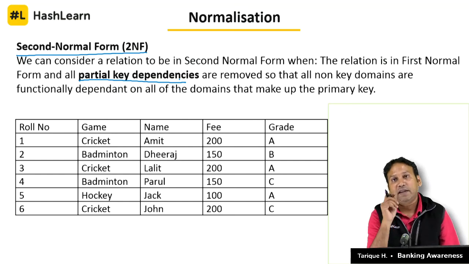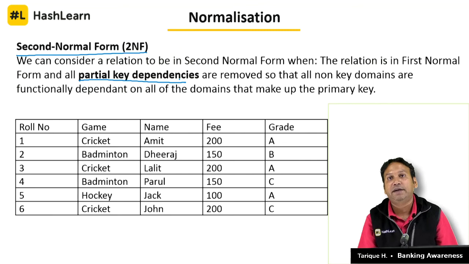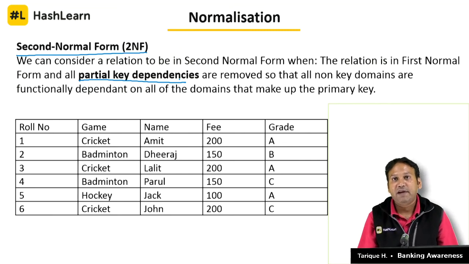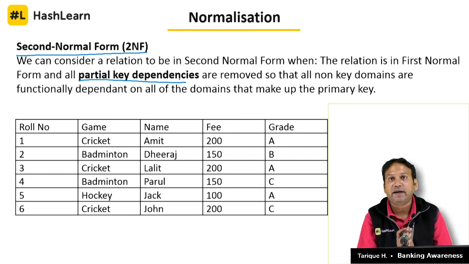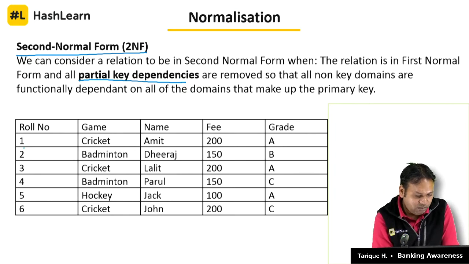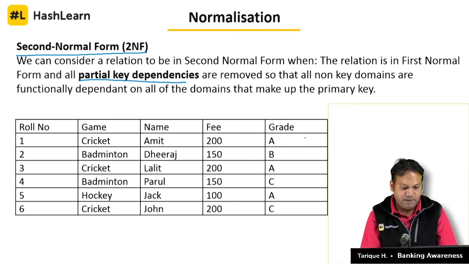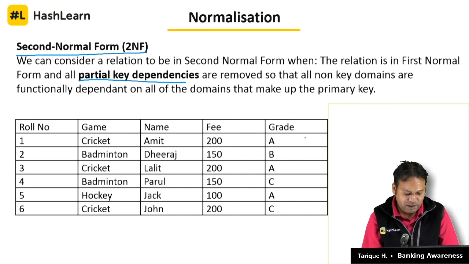If there are partial dependencies, there will be problems that will happen in the data in the future, right? Different types of anomalies will start happening if we have partial dependencies. Now let's just look at this table on the screen and understand very easily what is partial dependency. Now you see here, roll number 1, person playing cricket, name is Amit and the fees is 200 and grade is A, 2 is badminton and 4 is badminton.